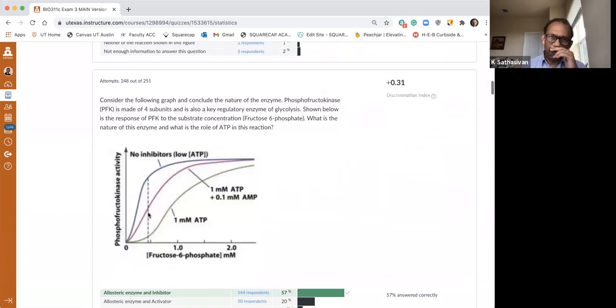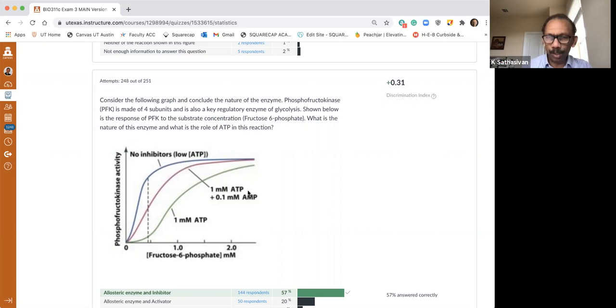The next question is, again, a graph interpretation. I am giving you a graph you have never seen before, so learn how to interpret these figures. Understand what the x-axis is: fructose 6-phosphate is a substrate given in millimolar concentration. What is the y-axis? It's the velocity, or the phosphofructokinase activity. And then you look at the response. This is no inhibitors. There's a low ATP that acts like a stimulator.